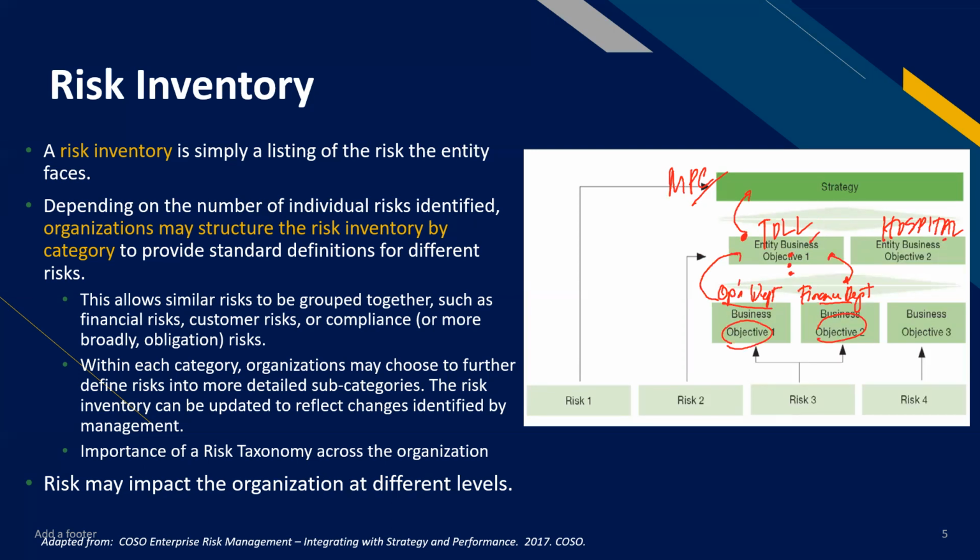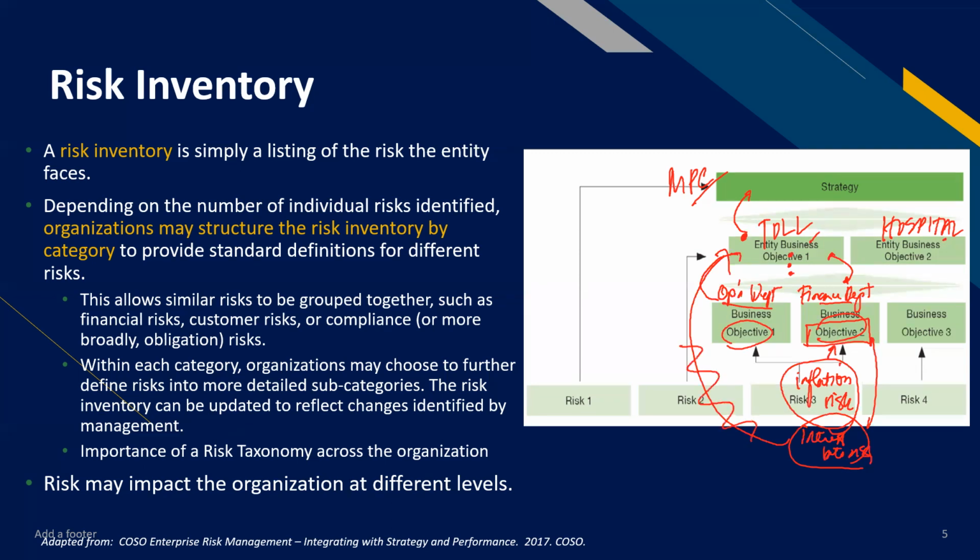Some risks, okay, impact specific objectives, like inflation, for example. Inflation risk affects the finance department, right? Or interest rate risk, it affects the finance department, but not necessarily significant enough to curtail the entity's business objectives.